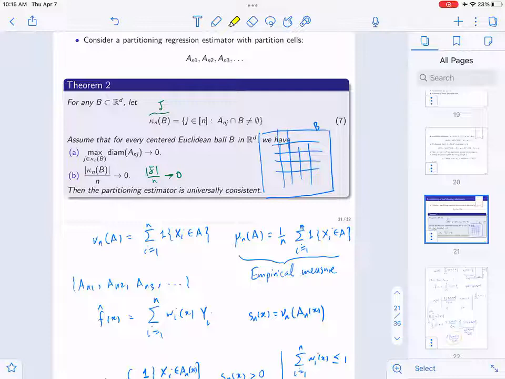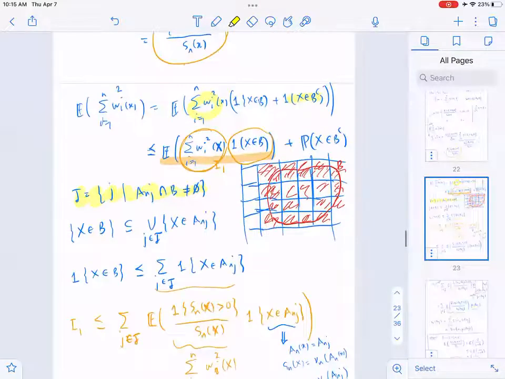So I take n big enough so that the diameter is sufficiently small. The partitions are getting more refined, so the sizes of the cells depend on n.